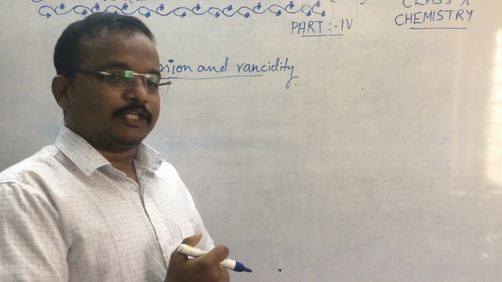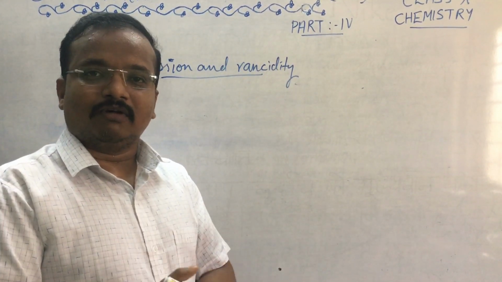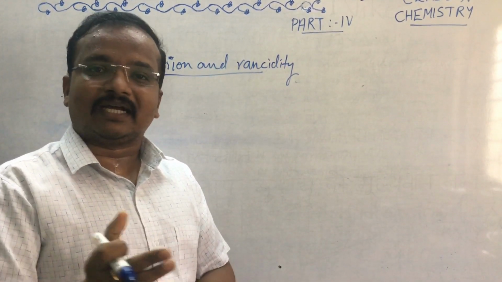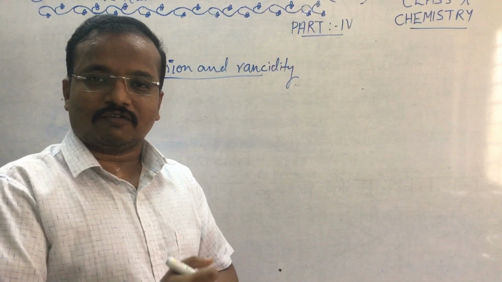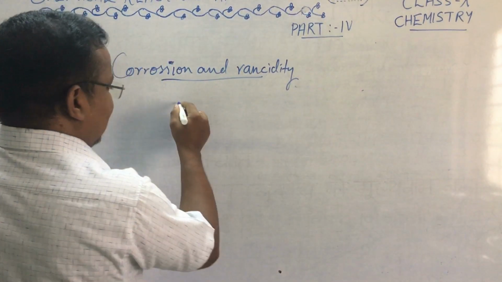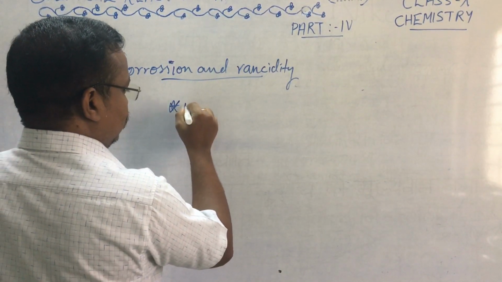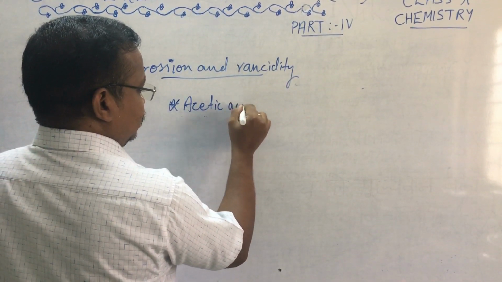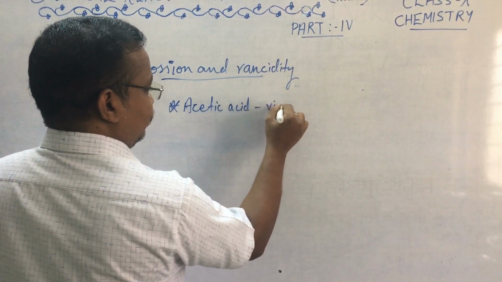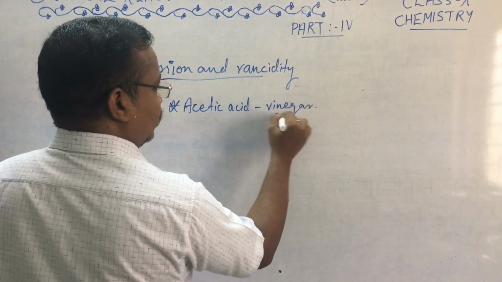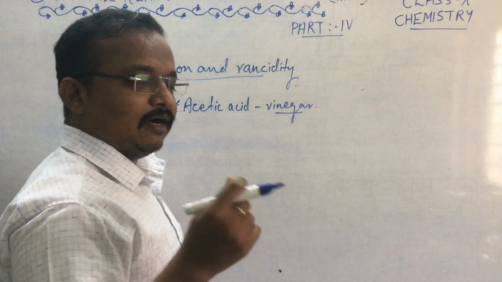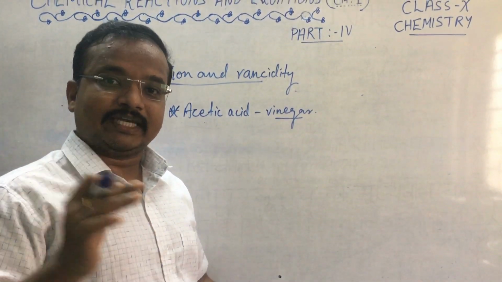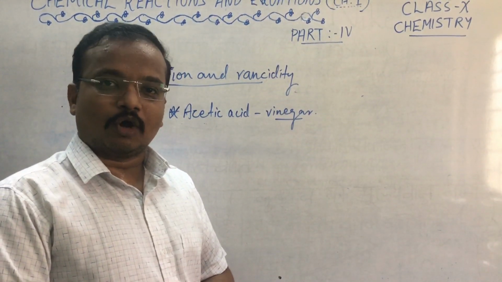To avoid rancidity, we normally add preservatives, like in pickles we add a little bit of acetic acid, which we also call vinegar. Vinegar is an antioxidant, so that prevents oxidation. That's why we can keep pickle for a longer time.